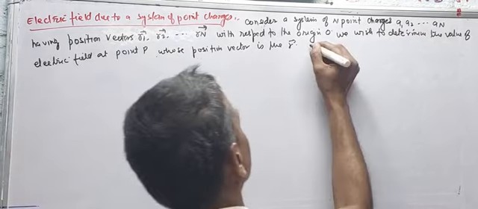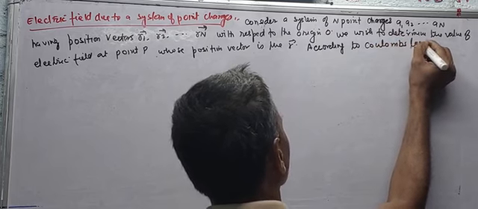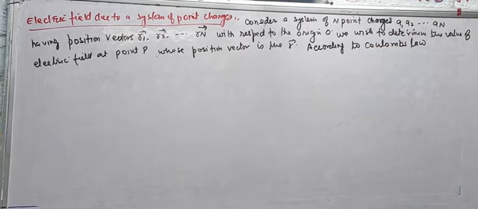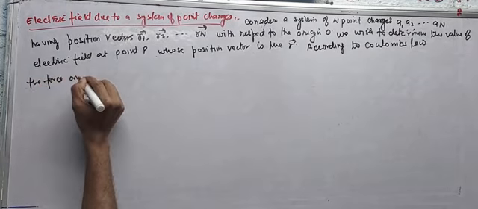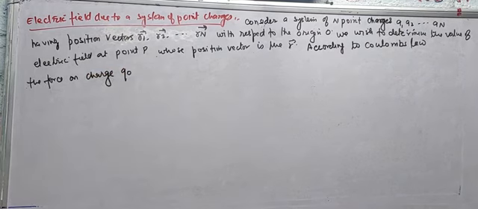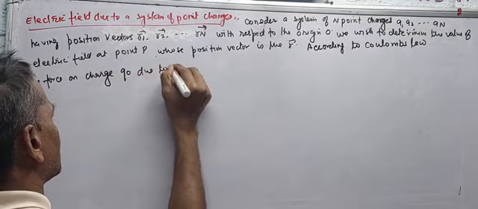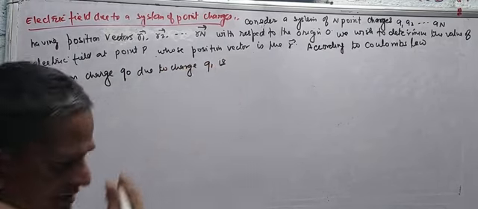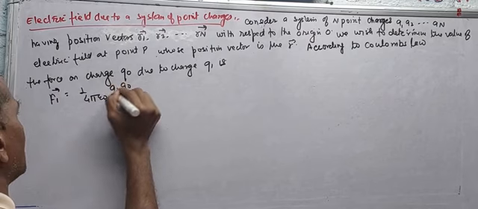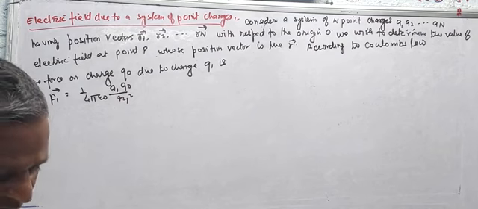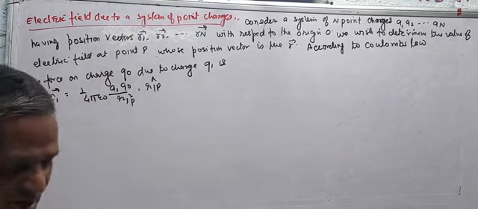According to Coulomb's law, the force on test charge q naught due to charge q1 is F1 vector equal to 1 upon 4 pi epsilon naught, q1 into q naught upon r1p square into r1p cap.